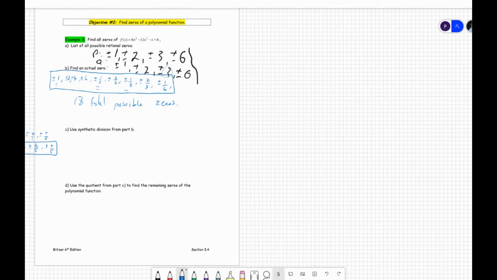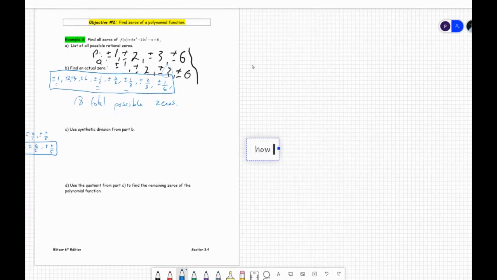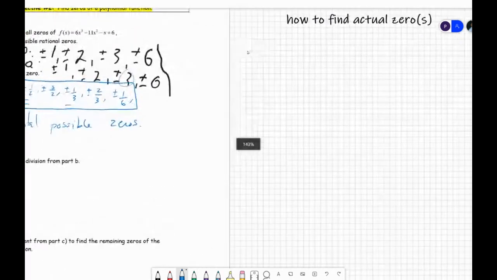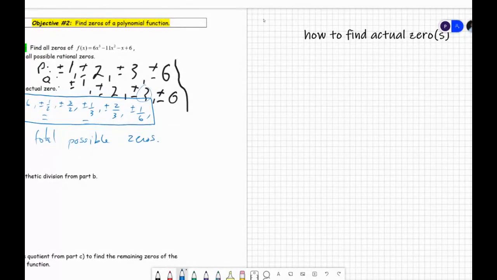Okay, so let's go over here and look at how to find an actual zero. Okay, so let's recall the theorem that we learned last time, which is the remainder theorem.